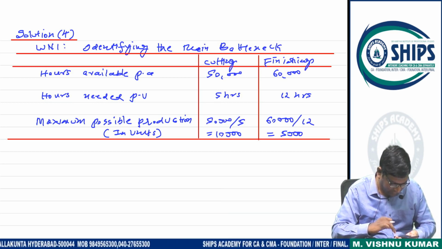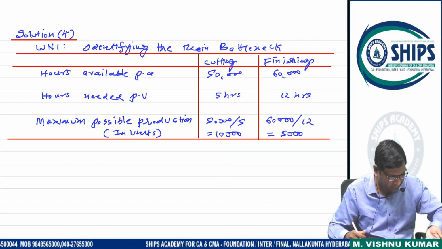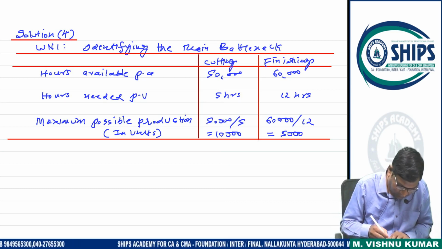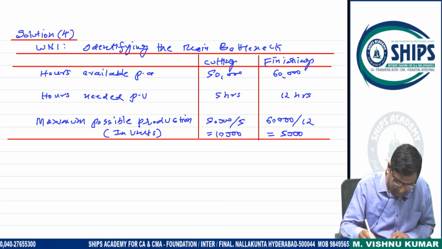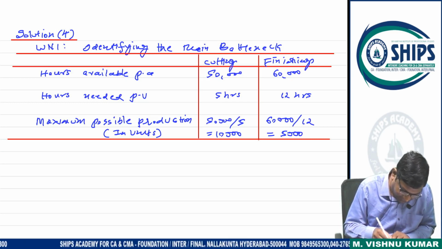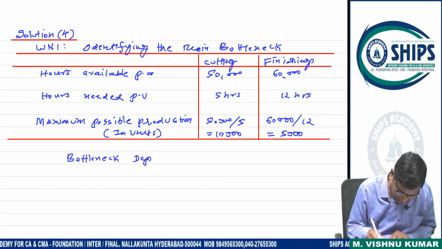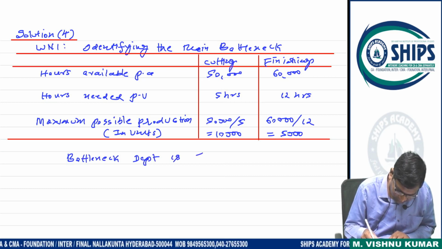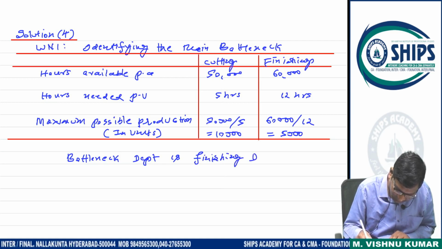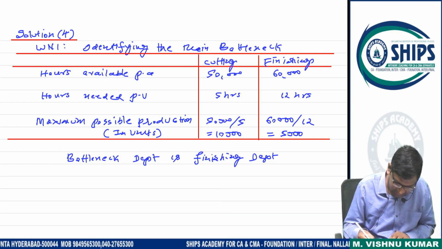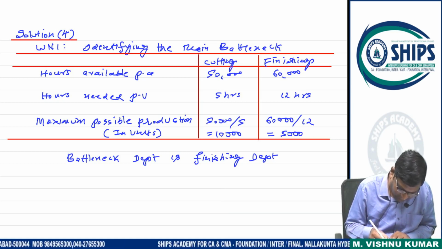So all students have to check the messages. So the bottleneck department is the finishing department, because its capacity is less than cutting.